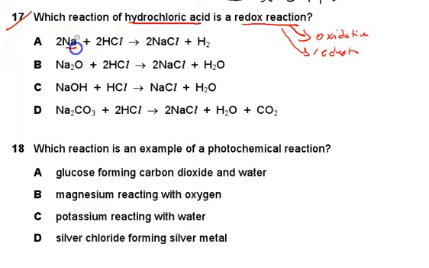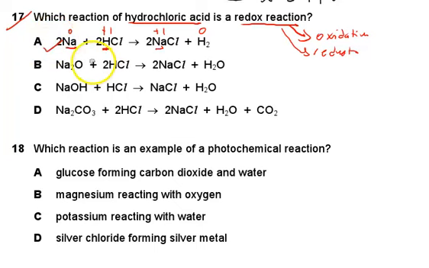So Na is 0, 0 to a positive, so here's the oxidation. Now let us find reduction. So we look at hydrogen is positive 1, here will be 0. So here we have a reduction. So this is a redox.